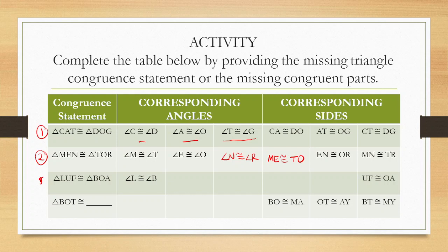For the third congruent statement, we have triangle LUF is congruent to triangle BOA. So please fill in the missing information. Raise your hand if you know the answer. Yes, Misha? Okay, angle U congruent to angle O. Another, Ashley.